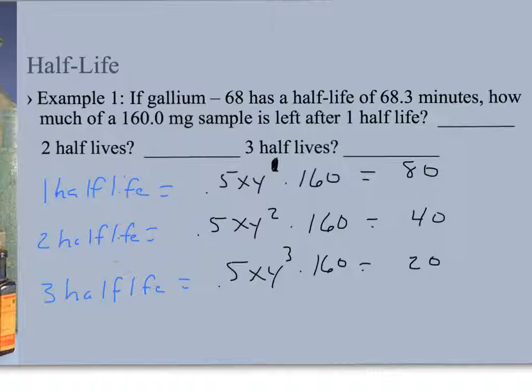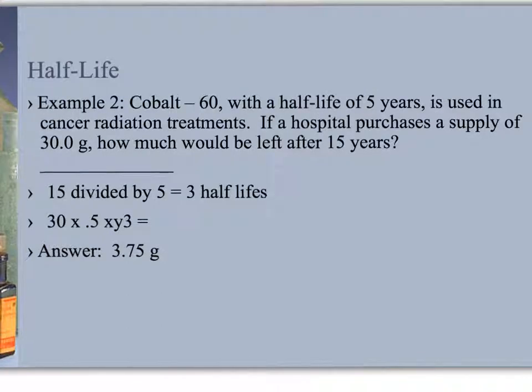Well, after 2 half-lives, 0.5 x to the y, 2, times 160, we would have 40 remaining. 3 half-lives, 0.5 x to the y, 3, times 160 equals 20. Now what this equation is doing is telling the calculator we're going to divide 160 in half 3 times. Answer 20.